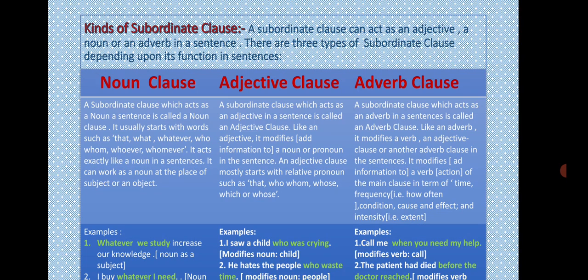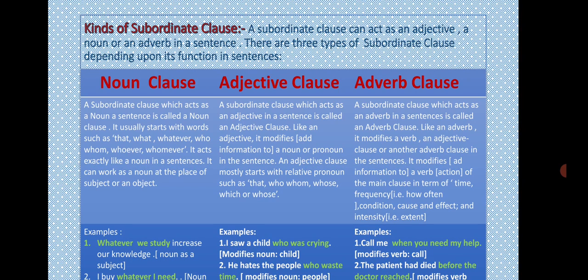When a word gives more information about a noun, it is called an adjective. Same like that, when a clause gives more information about the noun of that sentence, that clause becomes an adjective clause. An adjective clause mostly starts with relative pronouns such as that, who, whom, whose, which.